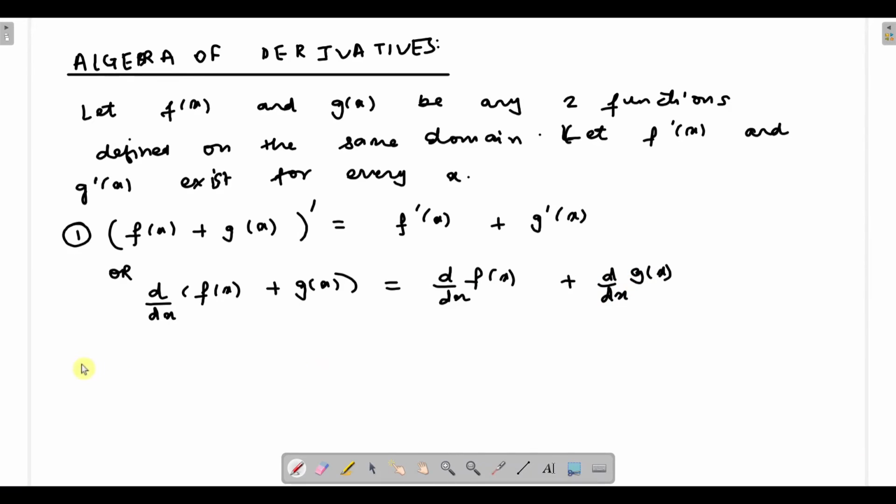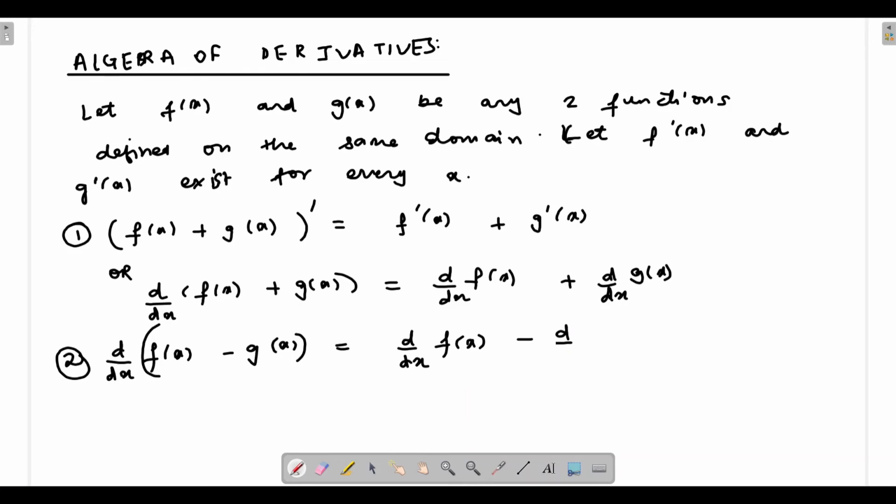So this is one property. Second, the derivative of f(x) - g(x) will be equal to the derivative of f(x) minus the derivative of g(x). This is the second property.